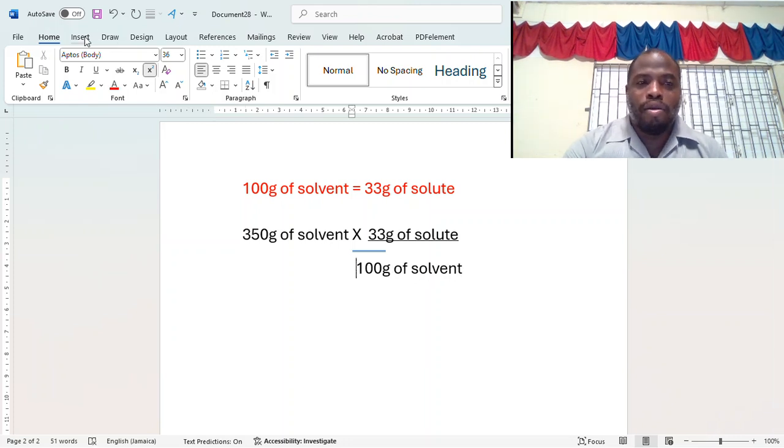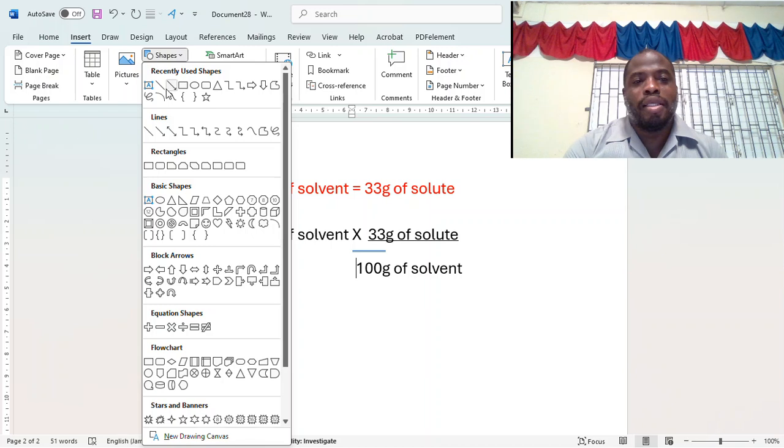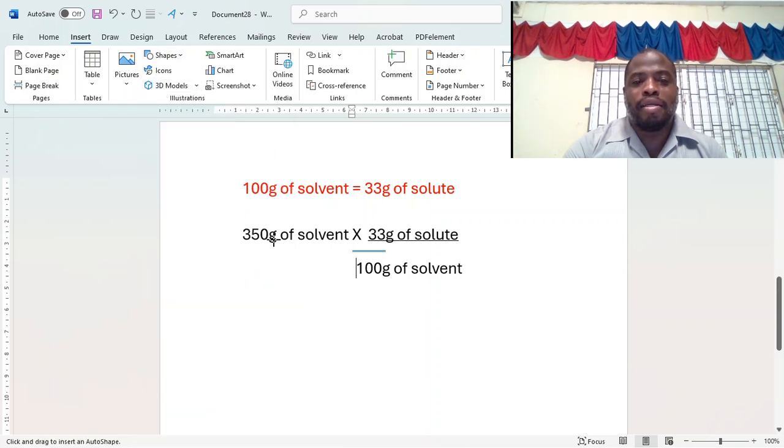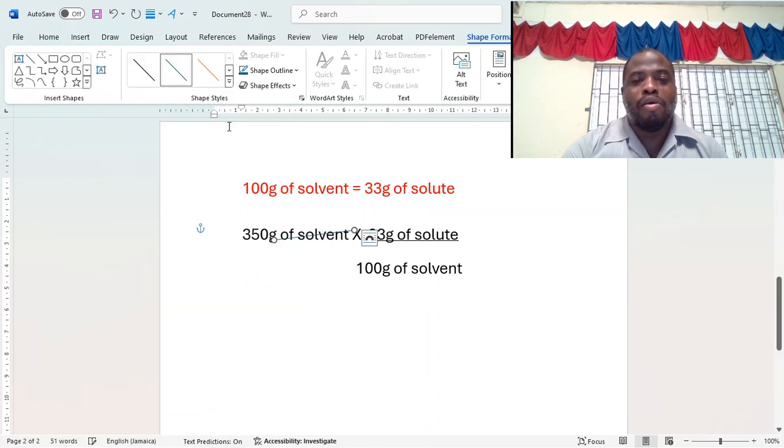So again, we would recognize that the grams of solvent will cancel out grams of solvent, leaving our answer in grams of solute or mass of solute, and that's what we wanted to find out.